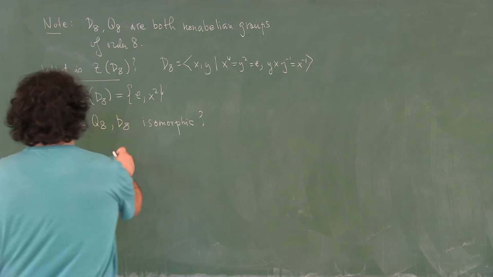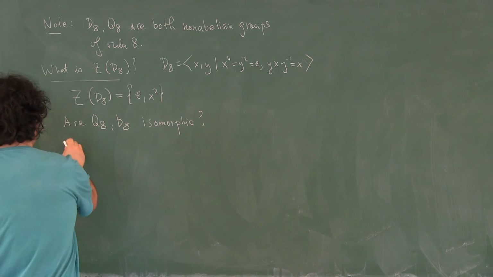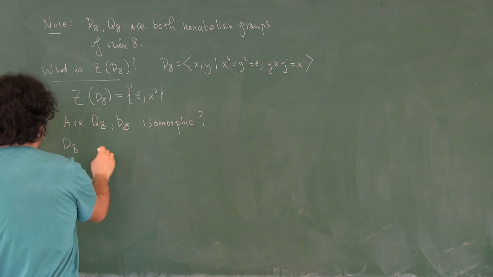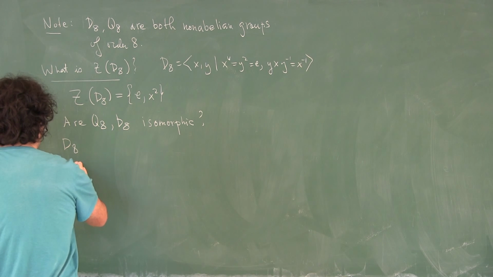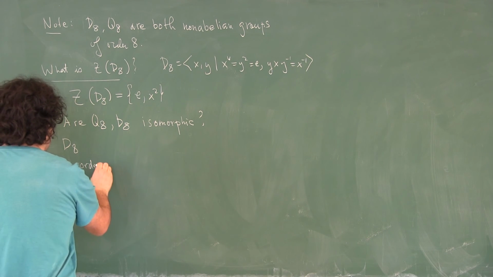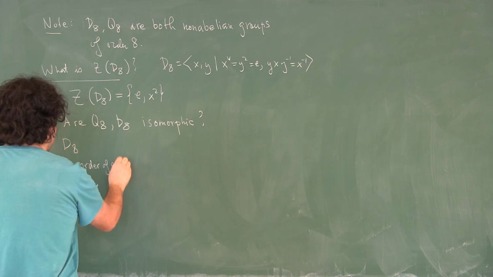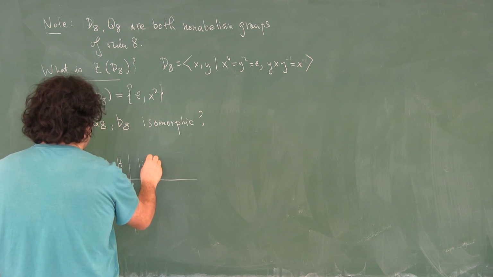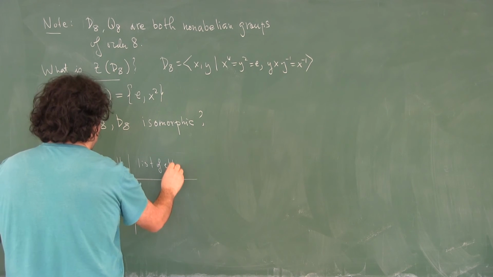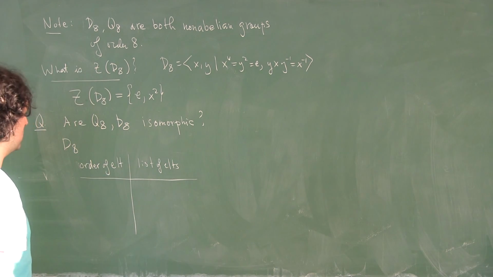So let's make a table for D8. Let's have the order of the element and the list of elements of this order.